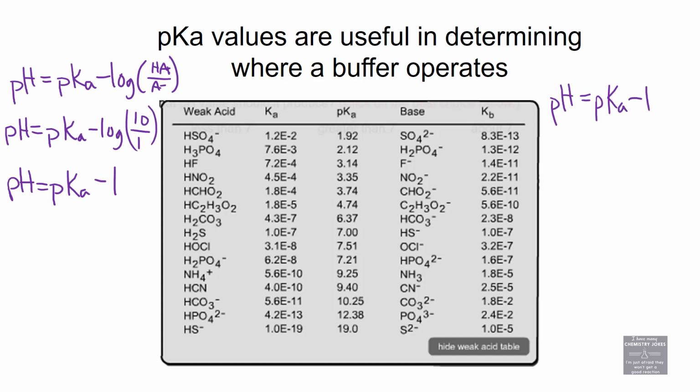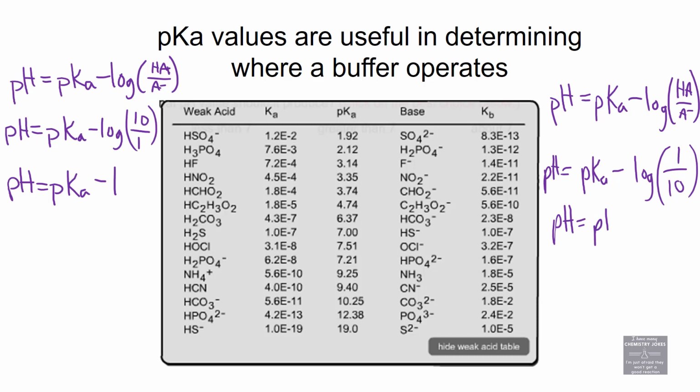If I have 10 times as much base as I have acid, same equation, but I'm going to put in 1 over 10 this time, 10 times as much base as acid. That simplifies to become pH equals pKa plus 1. So over here, 10 times as much acid as base can adjust the pH by 1 whole pH unit. 10 times as much base as acid can adjust the pH by 1 whole pH unit.